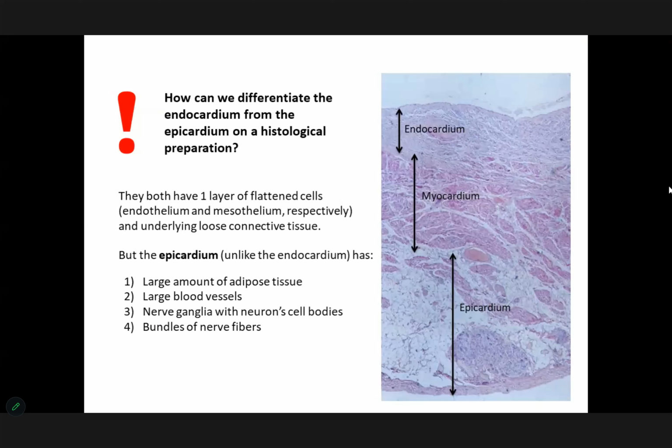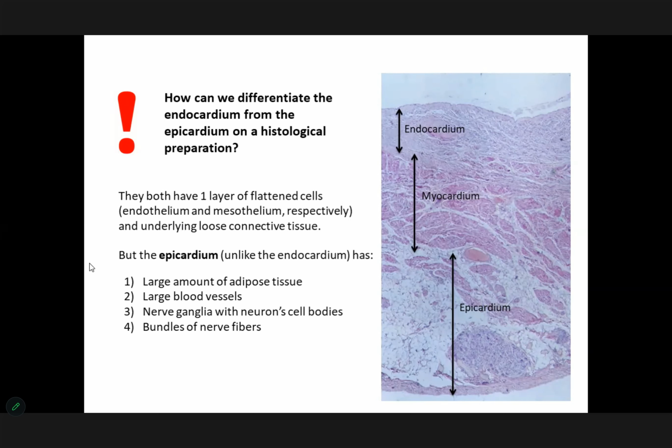Now, you should know this one. What is the difference in histological sense between the epicardium and endocardium on histological preparation? Both of them consist of one layer of flattened cells, endothelium and mesothelium respectively, and underlying loose connective tissue.